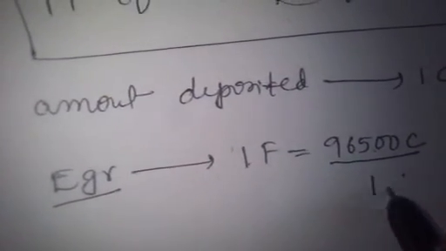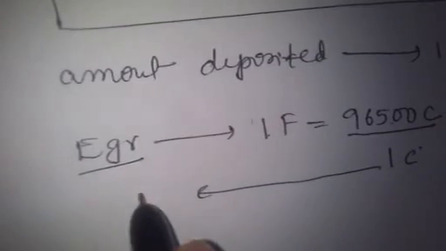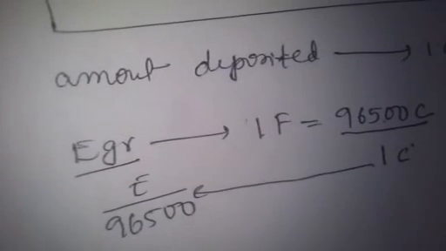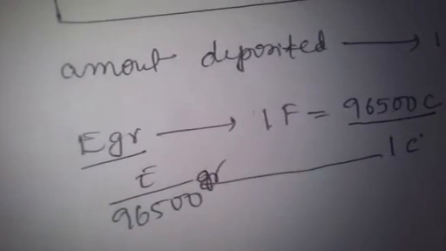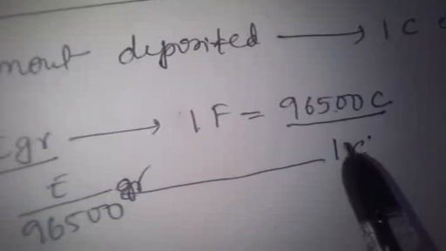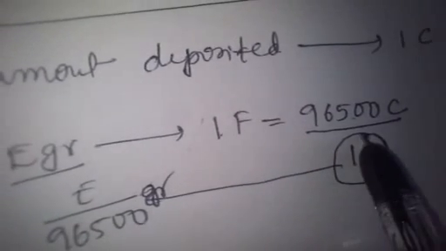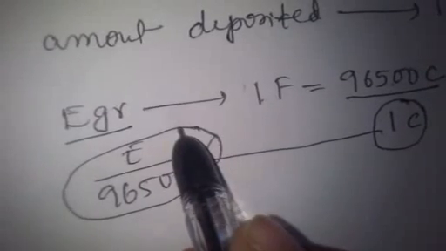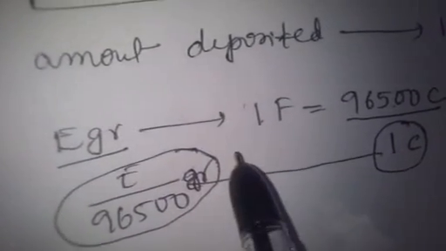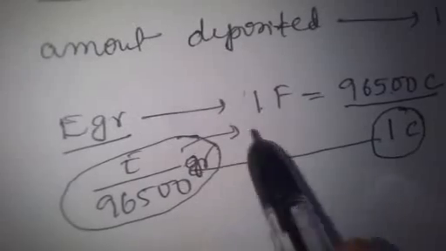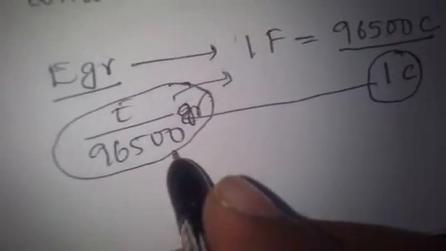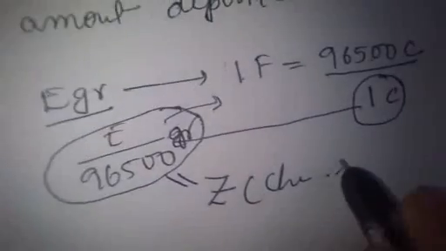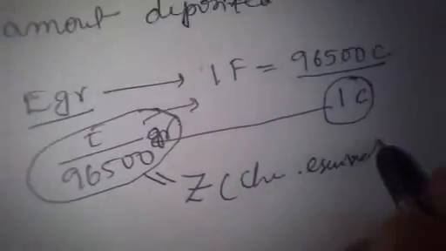So for 1 coulomb, how much is it? That is E by 96,500 grams. So for the passage of 1 coulomb of electricity, the deposited amount is E by 96,500 grams. This amount is equal to Z, the chemical equivalence.